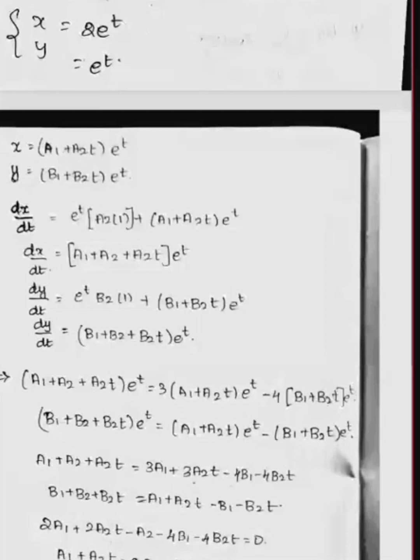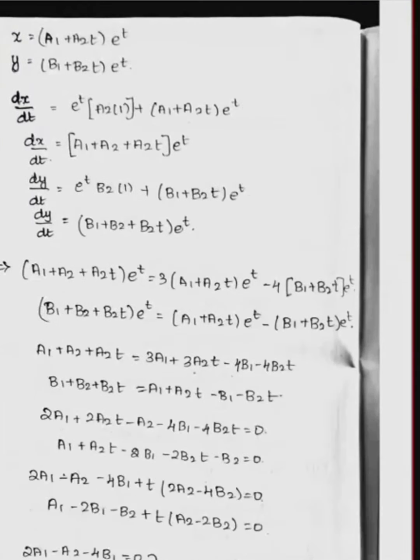Similarly, 3a2 minus a2 is 2a2, 2a2t here, and minus a2. So minus 4b1 minus 4b2t, which is equal to 0. All the left hand side terms go to the RHS, so they become negative. Similarly, a1 plus a2t minus b1, and again another minus b1, so minus b1 is minus 2b1.